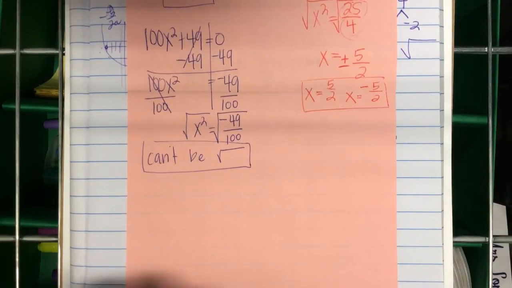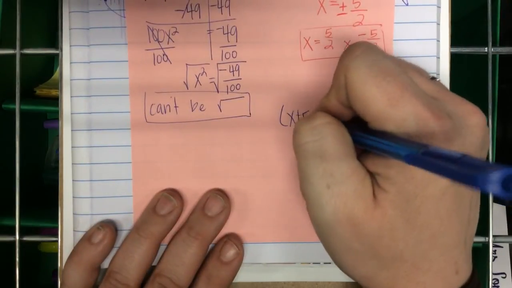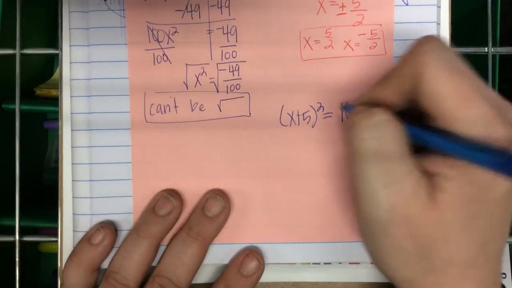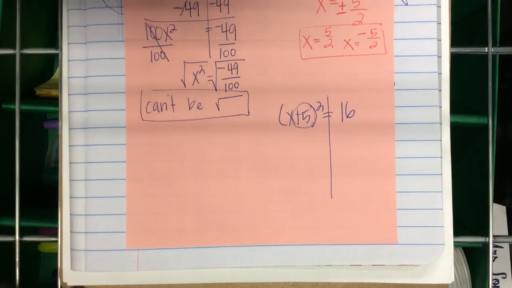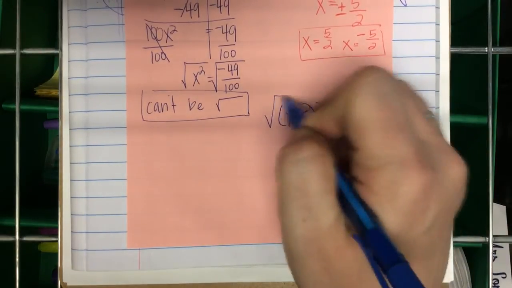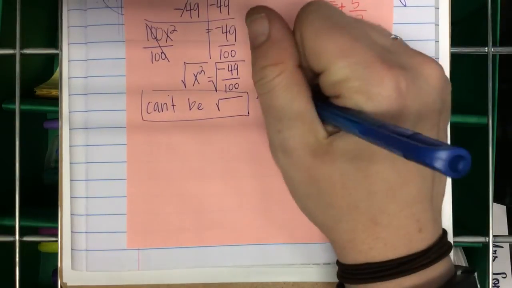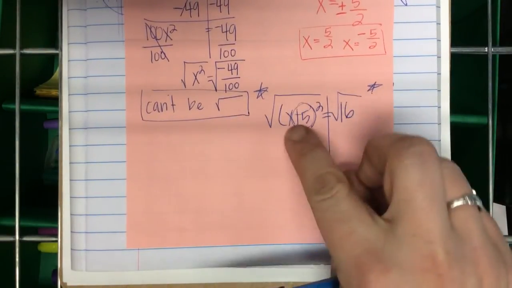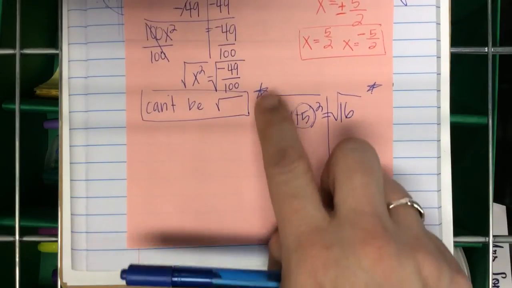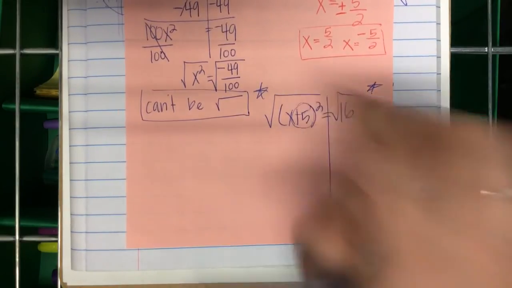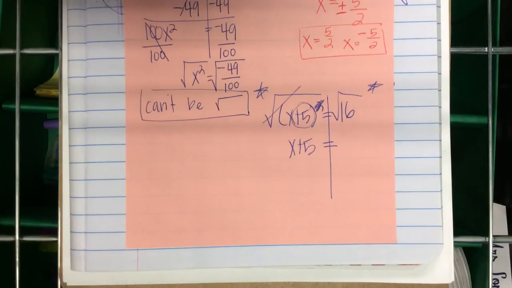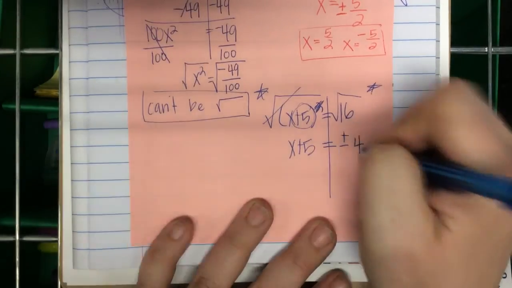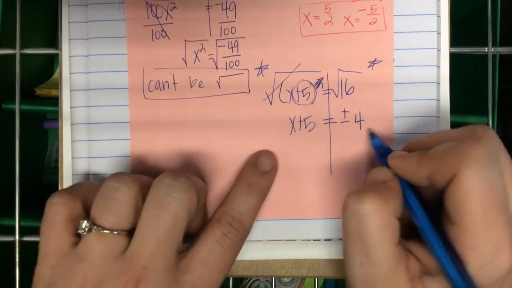One last one. Let's see if we can get it. X plus 5 squared equals 16. Before you get rid of this plus 5, because I can't get rid of it, I'm going to square root both sides first. This is the only time when there's a quantity. So what's the square root of x plus 5 squared? These just cancel out and I get x plus 5 equals, what's the square root of 16? Plus or minus 4. Now I'm going to make two problems.